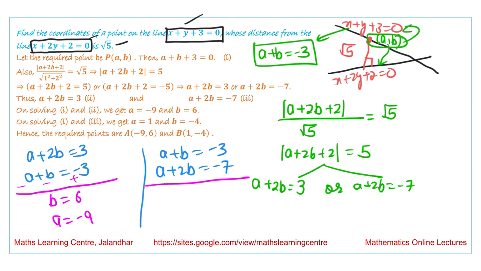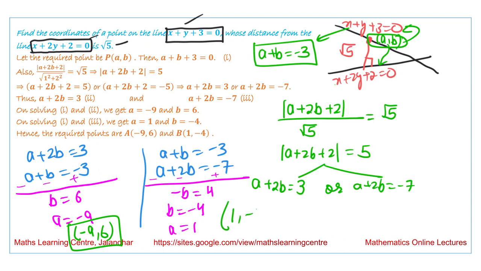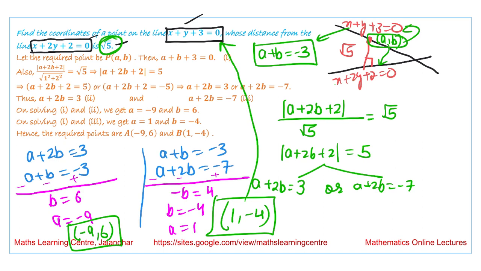For the other pair, subtracting these equations, we obtain minus b is equal to 4, so the value of b is minus 4 and the value of a is 1. So there are 2 points on this line: minus 9 comma 6 and 1 comma minus 4. From both these points, the distance to the other line is square root 5, and both points lie on the given line.